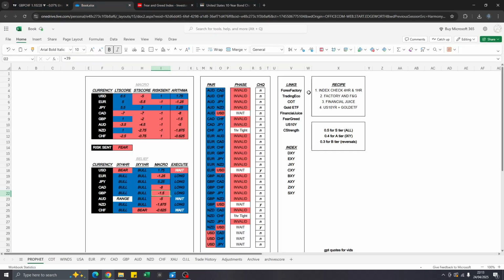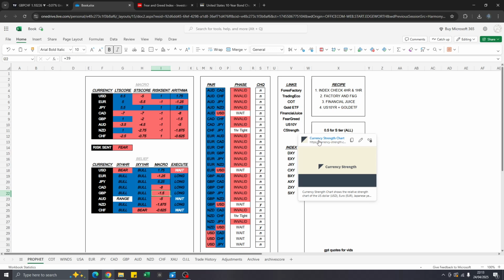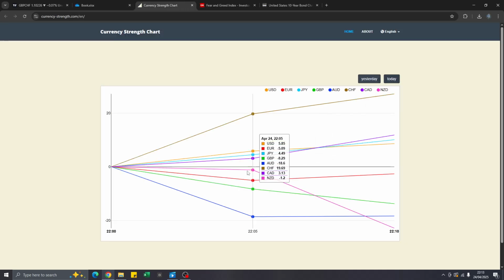And you know what's funny, right? Indexes, and a lot of people look at the currency strength chart, which is useful, but it only shows you within the day. Actually, this has just reset because the day is GMT plus 12, like 22. Well, I don't know.